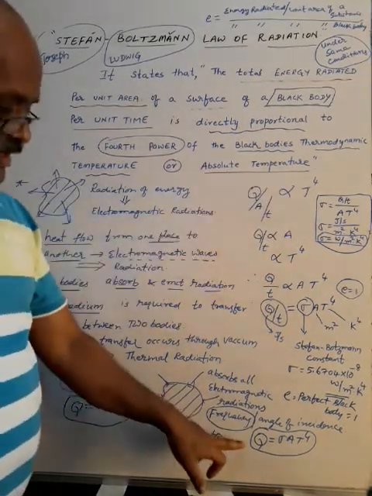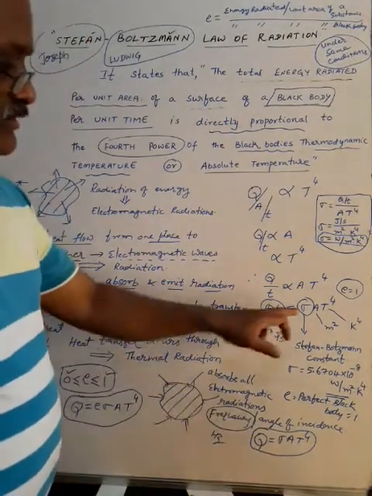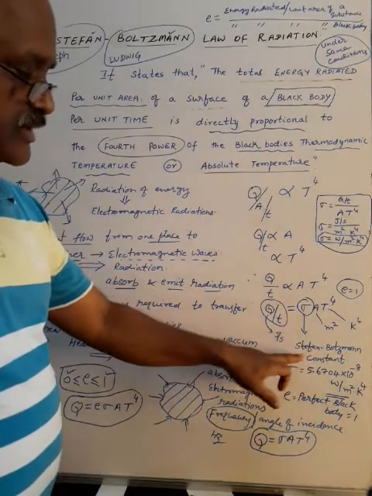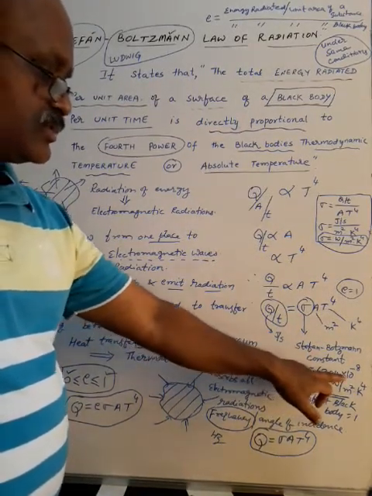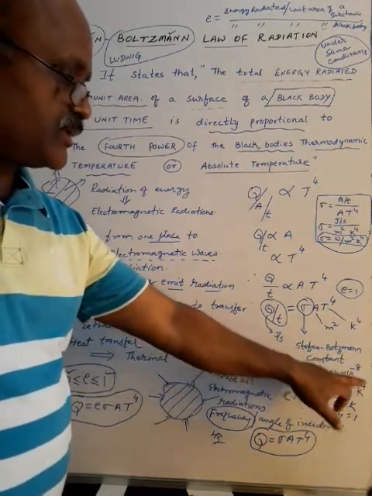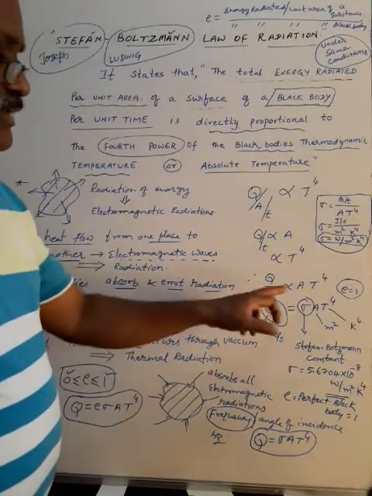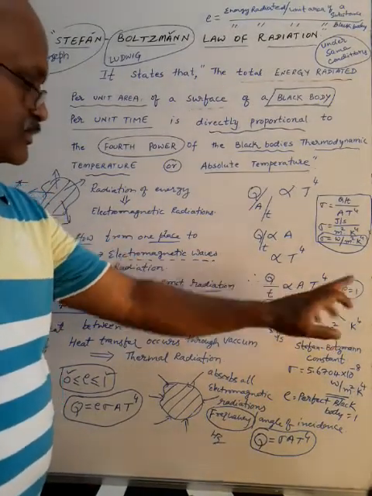So this is given by Q equal to sigma A T power 4, where sigma is the Stefan Boltzmann constant. It is taken as 5.6704 into 10 to the power of minus 8 watts per meter square Kelvin power 4. For the perfect black body, emissivity is taken as 1.